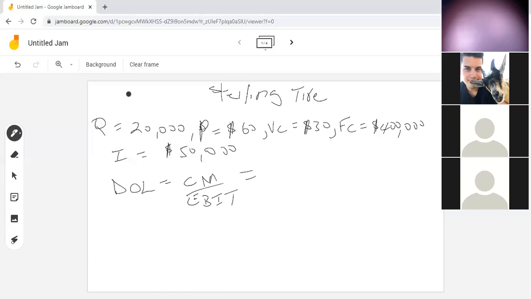In our income statement, contribution margin is 600,000, and earnings before interest and taxes would be $200,000. Therefore, we have a DOL of 3 times.